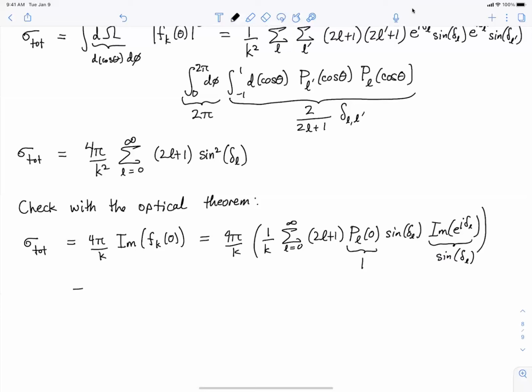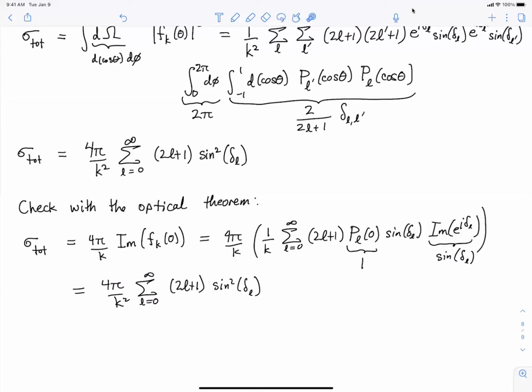And so all of that equals 4 pi over k squared, sum L equals 0 to infinity, 2L plus 1, and sine squared delta L. And this matches with that.